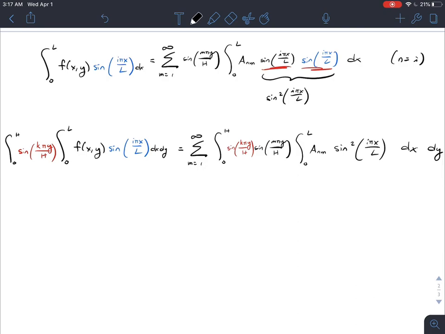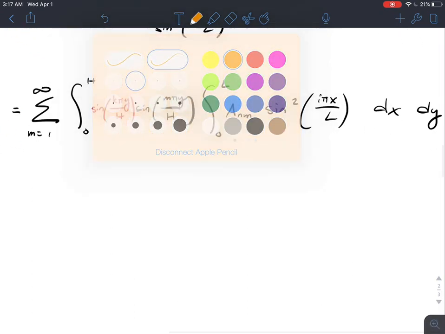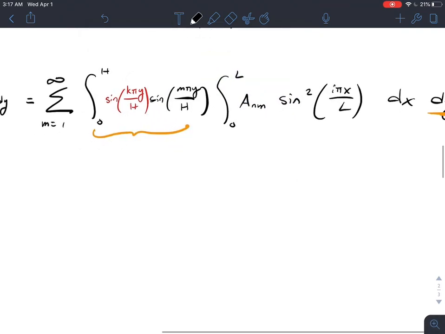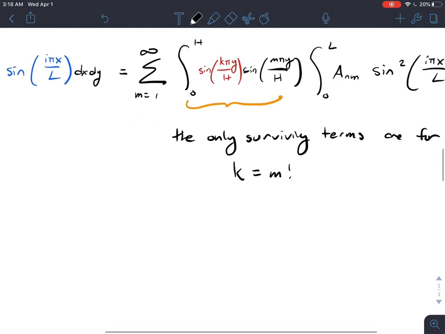So going with the same ideas from earlier, what we notice in this specific step, this specific integral right here, which is being integrated with respect to dy, is that the only surviving terms are for when k is equal to m.